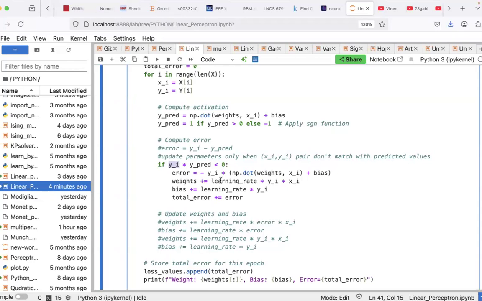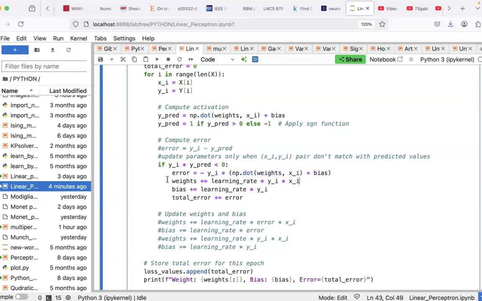We measure the error with minus the product between yi, the target output, and the argument of the perceptron. Because if this product is negative, it means that we are misclassifying the data. So with the minus in front of it, we get a positive error.